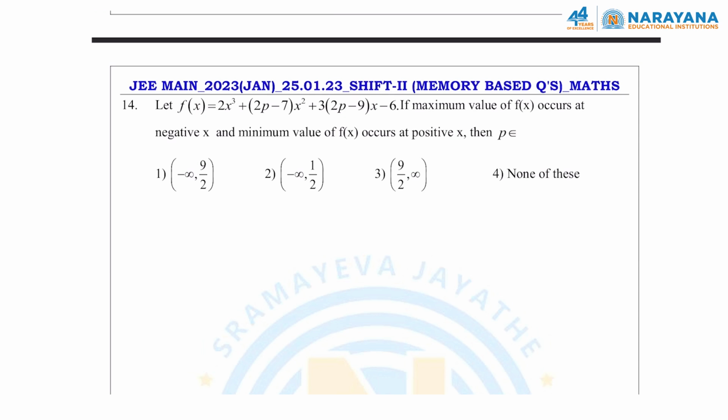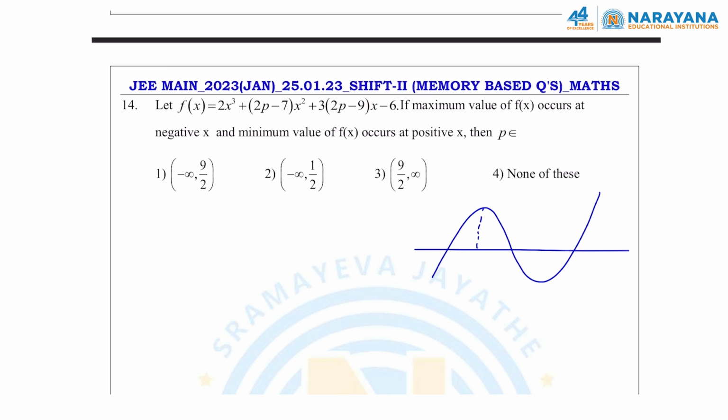If you observe the graph of a cubic equation, if the leading coefficient is positive, it will be something like this. So what he is saying is, if I am taking a graph like this, the maximum value of f of x occurs at negative x, which means it should be something like this.